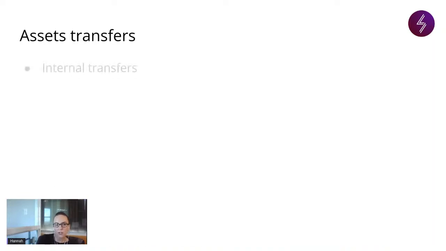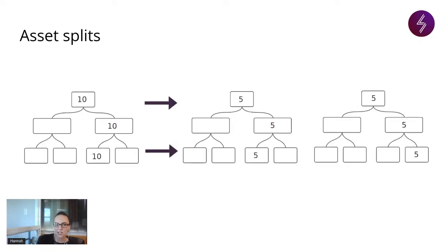We'll talk very briefly here about asset transfers, internal transfers versus asset splits. Just a different way to think about it. If I have 10 Hana coins here and then I send them to someone else, you have to think of the different layers of keys. There's that top layer, which is the Taproot on-chain keys that someone might control.